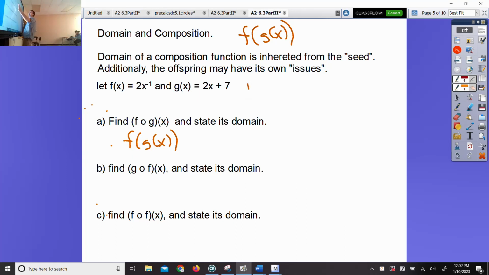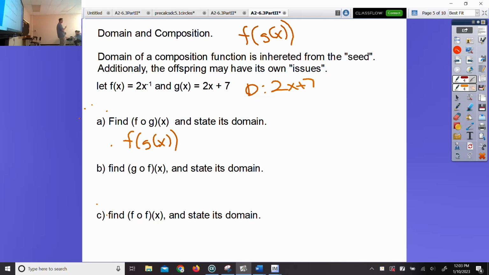It's an insertion. I talk about domain being inherited from the seed. So what you're supposed to do, although it rarely happens, is you're supposed to find the domain of 2x plus 7. That's how you're supposed to start these things. Think about any issues that this thing might have. Does it have daddy issues? Okay? 2x plus 7. If you graph that, what would it look like? A slanted line. Slanted lines go left forever, right forever.